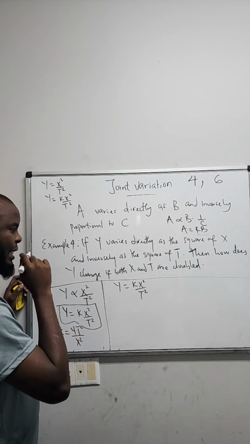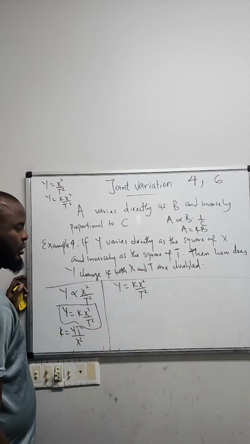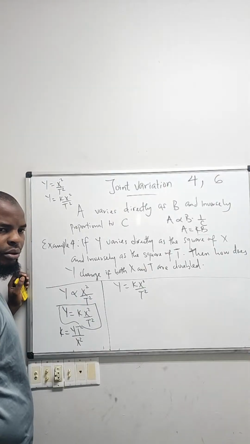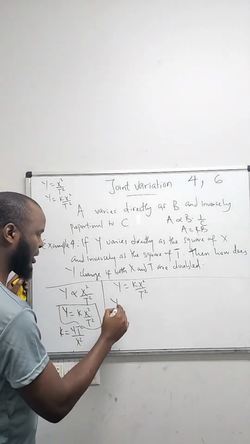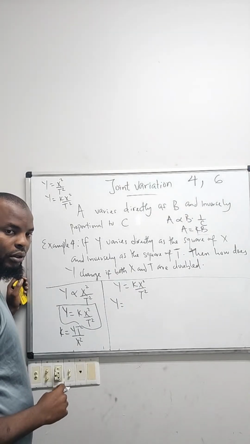Now the question is, how does y change if both x and t are doubled? What is the meaning of double? Times 2, right? So what happens to y if both x and t are doubled?